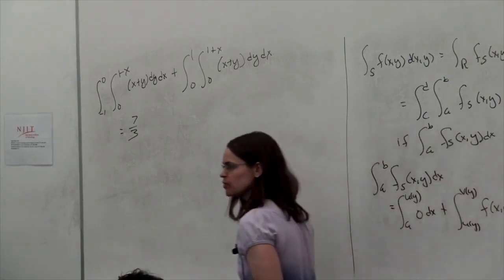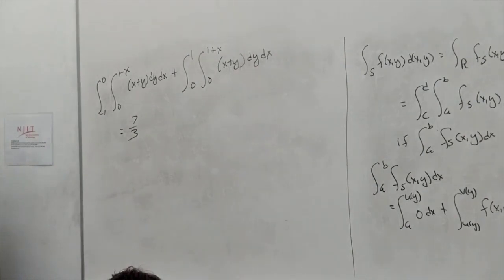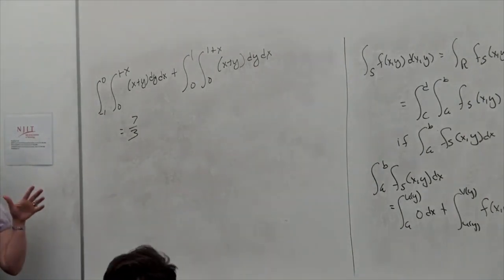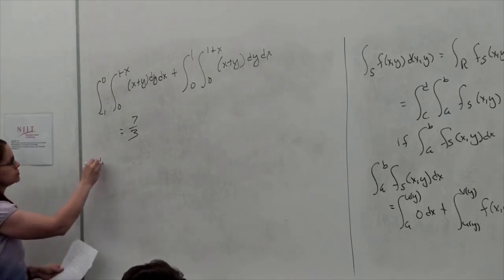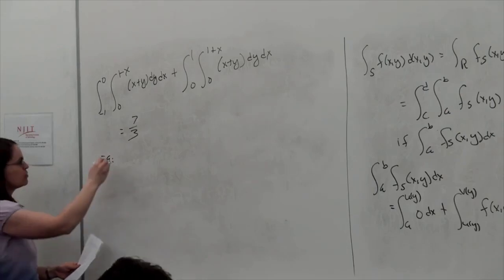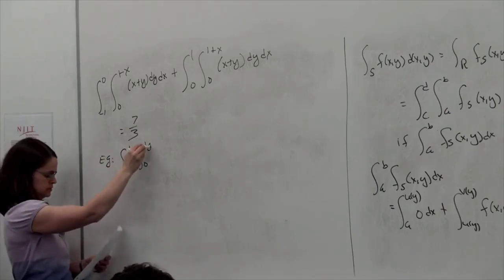We can use this for taking a hard iterated integral and turning it into an easy iterated integral. So this Fubini's theorem would also justify or tell us when we could swap order of limits. Okay, so let's say I give you this iterated integral.